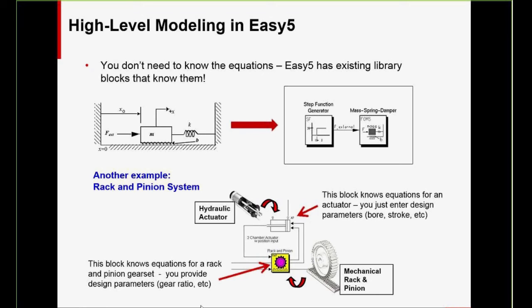In the example on the bottom, we have a hydraulic actuator connected both mathematically in the physical world and schematically in the Easy5 model to a mechanical rack and pinion. By populating the component data tables with physically realistic design parameters and initial conditions, one can create a system-level model of this type of a system.